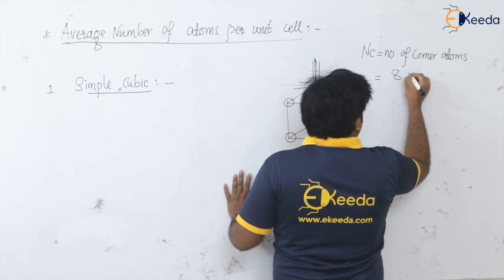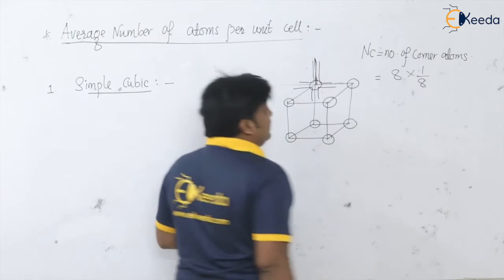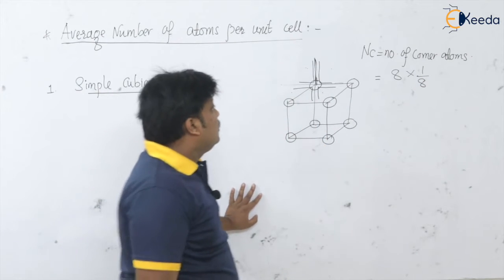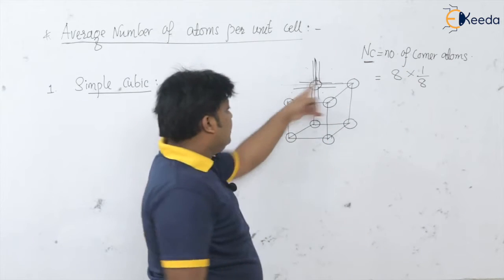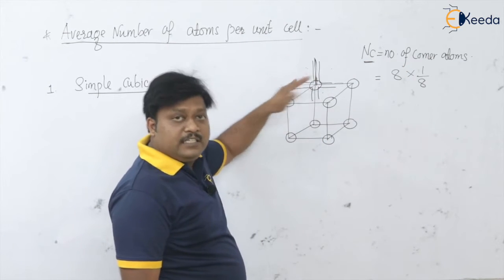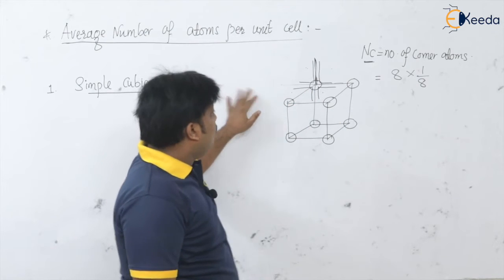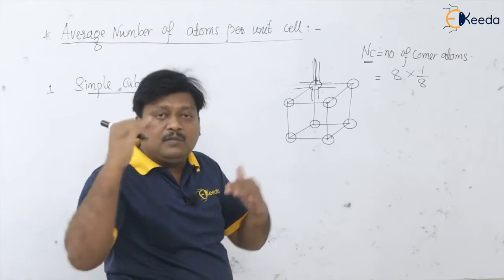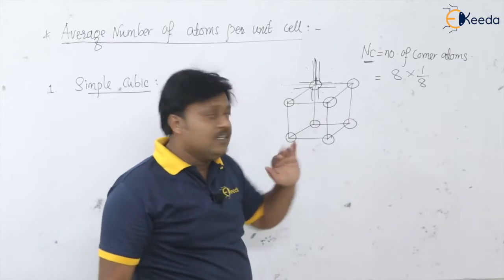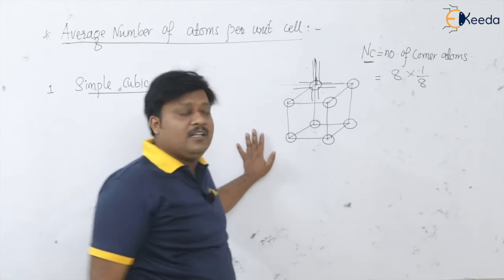So 8 cells share this, 1/8 of each atom, isn't it? So Nc is the number of corner atoms. 8 corner atoms, each is going to be shared by the 8 cells, isn't it? So for every cell, 1/8 of the entire atom. So 1/8 shared by the 8.